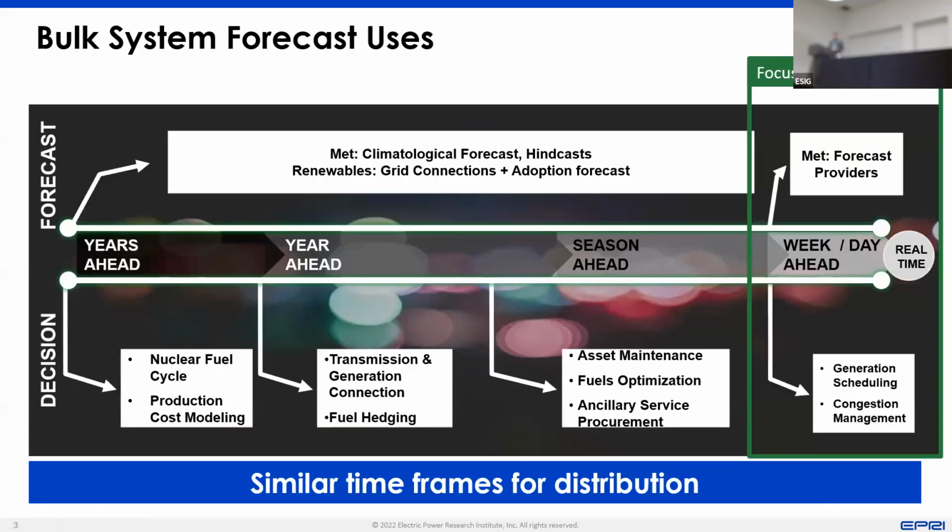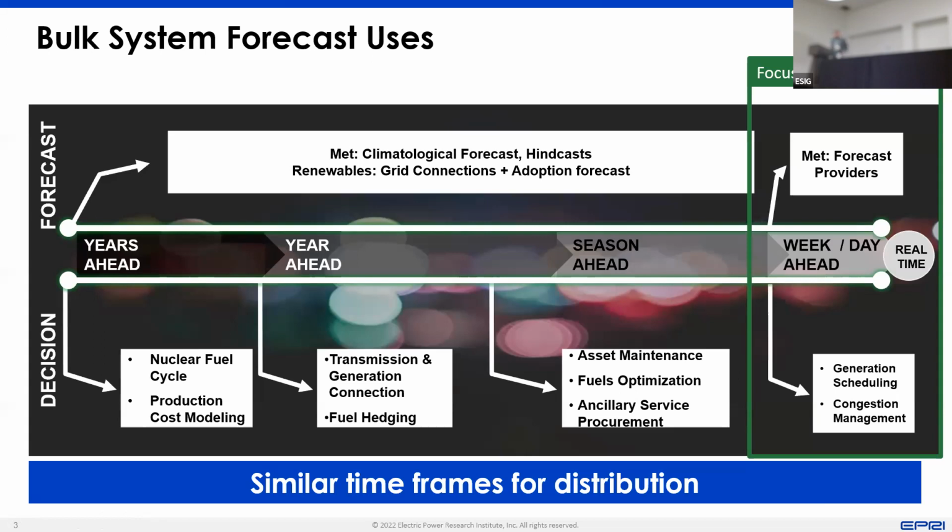So just really brief, to level set. Most here are probably aware of a lot of these things, so I'll go through it pretty quick. When we think about forecast uses, forecasting can mean a lot of things. We can forecast things happening 20 years out and things a minute out.